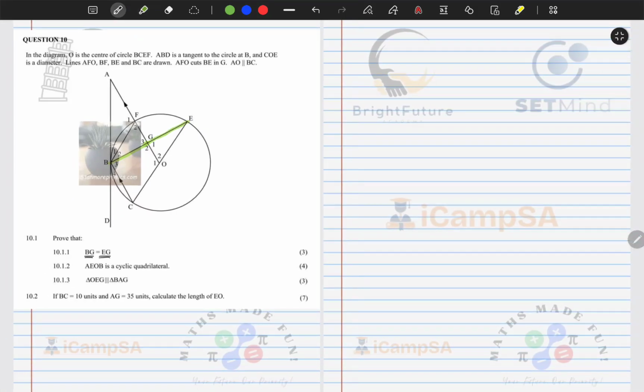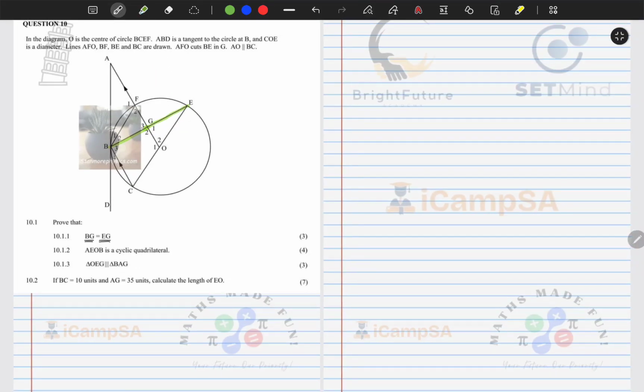So what we can first do is to look at B3. So remember that this is a diameter. Okay. What we have here, this is a diameter. So let's go to 10.1.1. So remember I said here, what we can do is if we can show that G1 equals 90 degrees, then what that means is that OG bisects your BE.